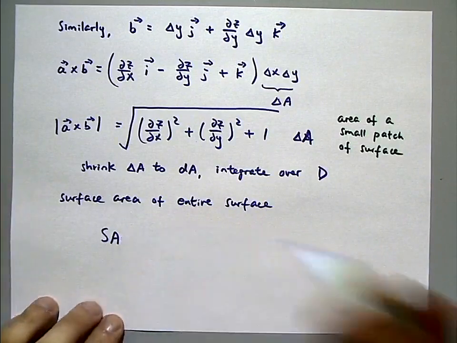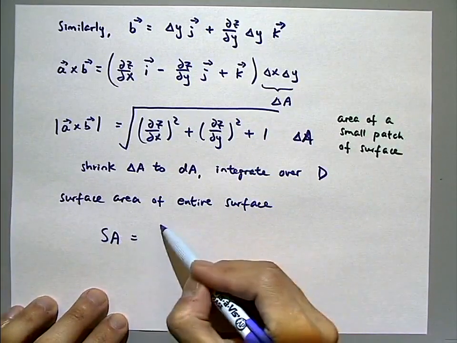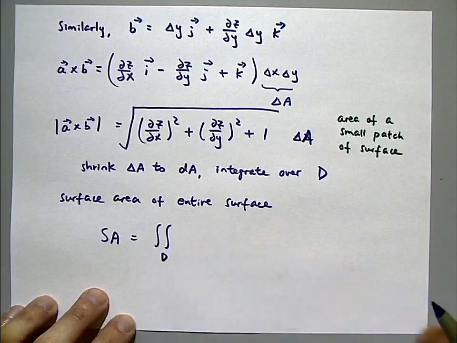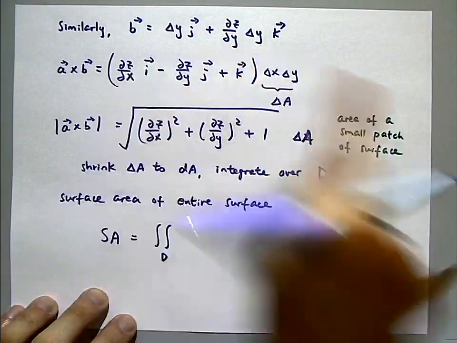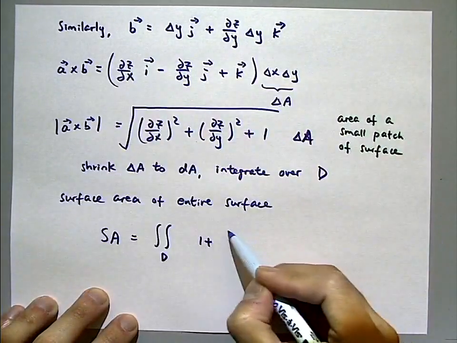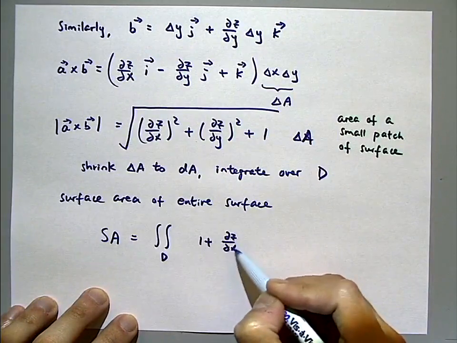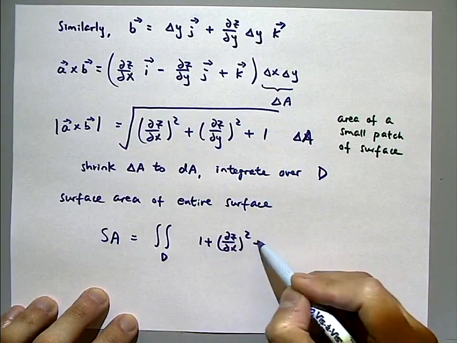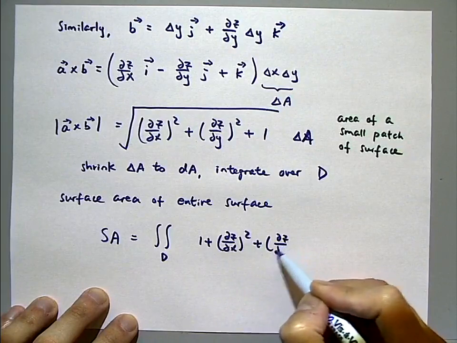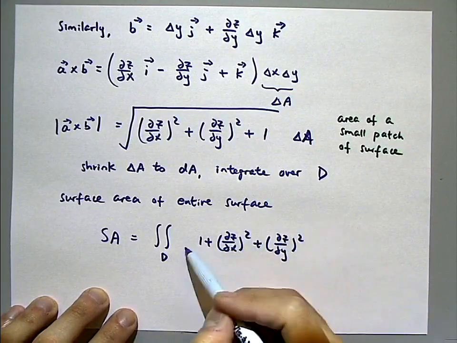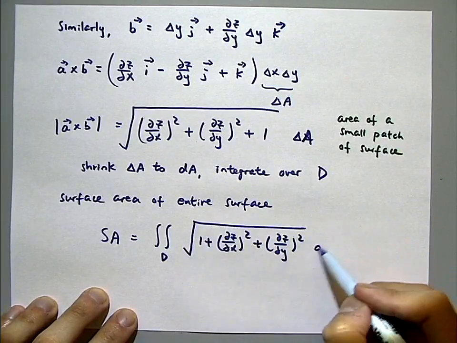All right, SA for surface area. Double integral over D of this stuff right here, dA.